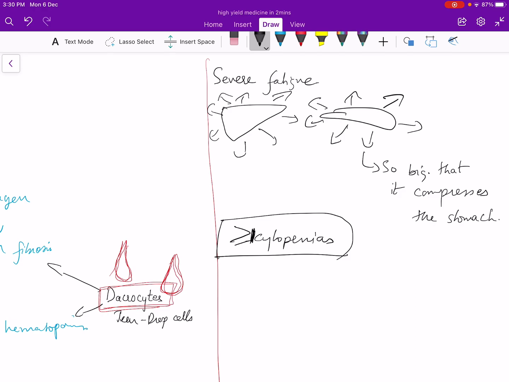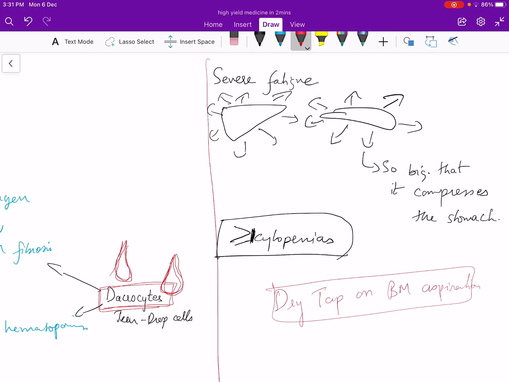Another finding you see is a dry tap on bone marrow aspiration. Why that happens is because you put the needle into the bone marrow and you aspirate, and there is fibrosis in the bone marrow, so you don't get any marrow on aspiration. So that is another sign of myelofibrosis.